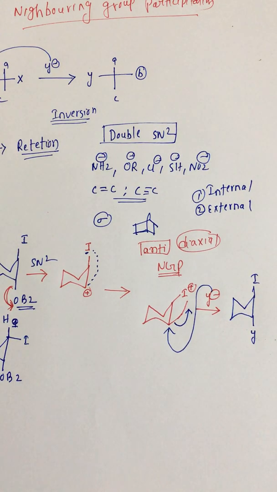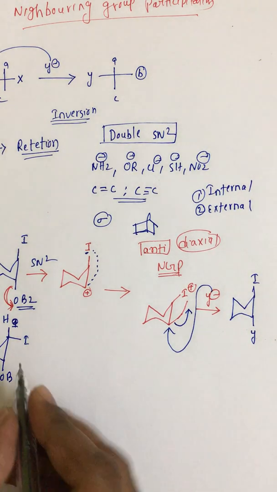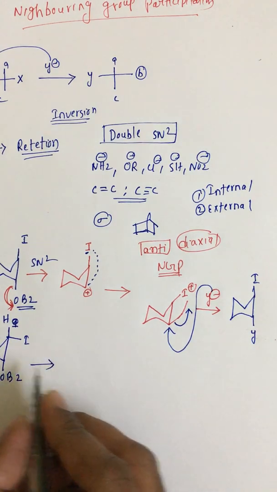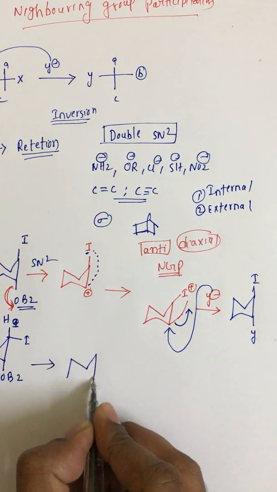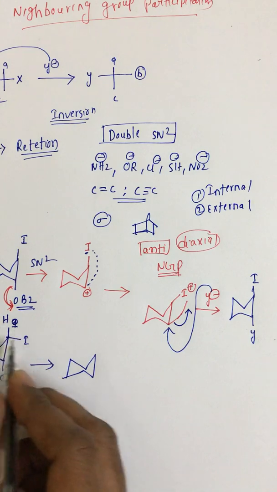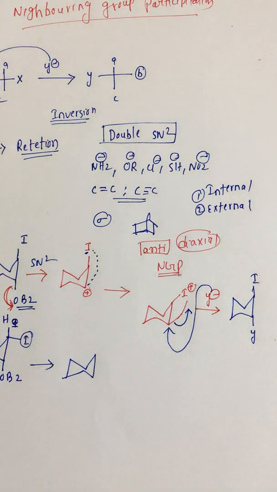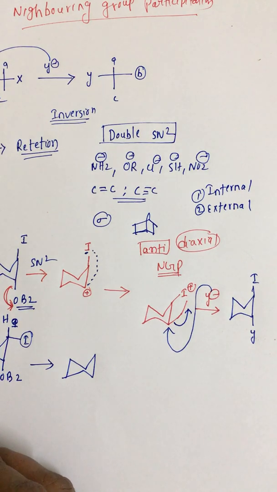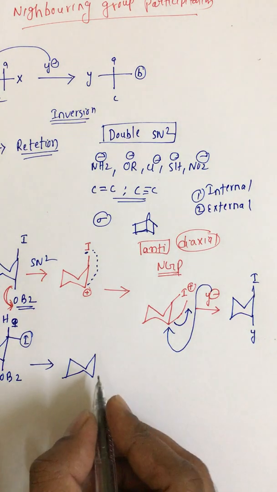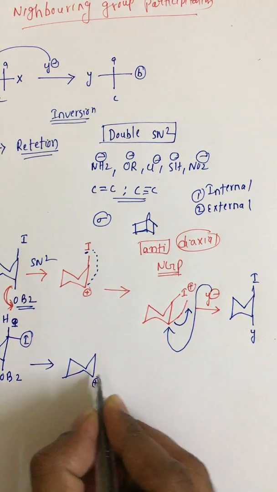In those cases the configuration will be retained. When you take this compound, here only one SN2 reaction happens, because the iodine is in the equatorial position, it does not have the 180 degrees arrangement to be involved in neighboring group participation. Because of that, it goes through a normal SN2 reaction.